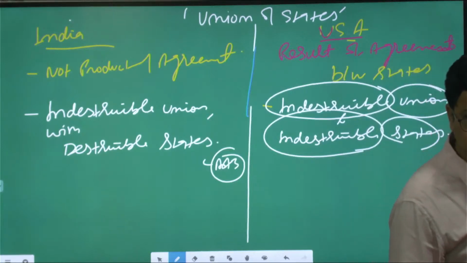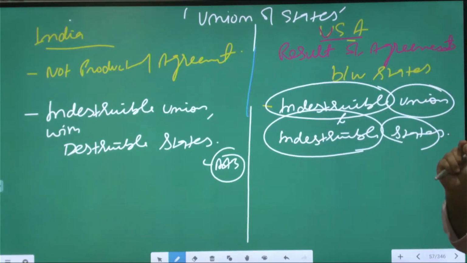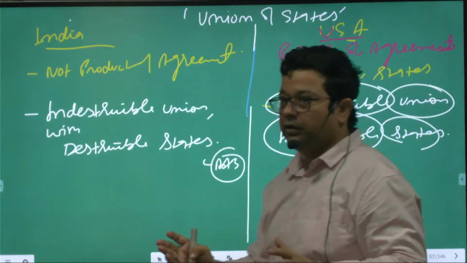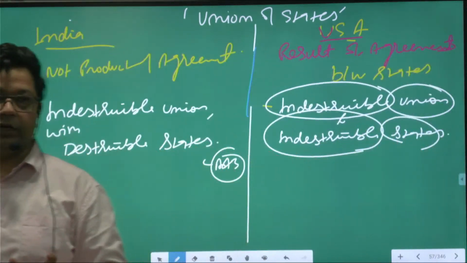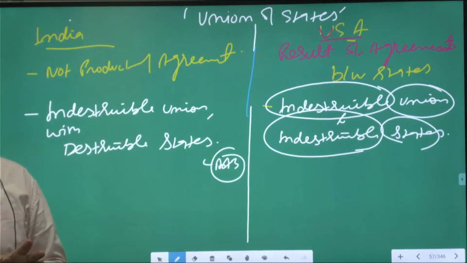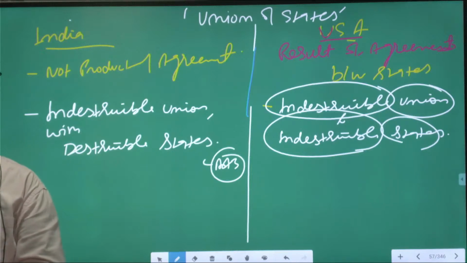Reorganization of states. Indian states are not guaranteed their territorial integrity by the constitution. So you are coming with your territory, but it is not guaranteed that we will keep your territory.